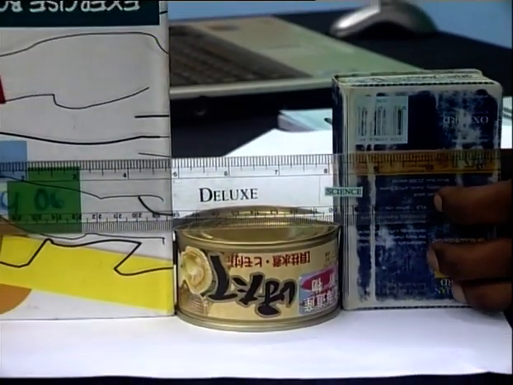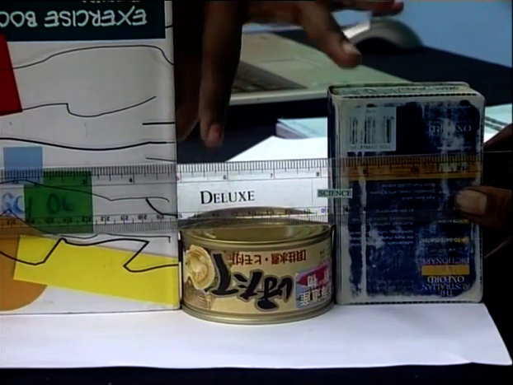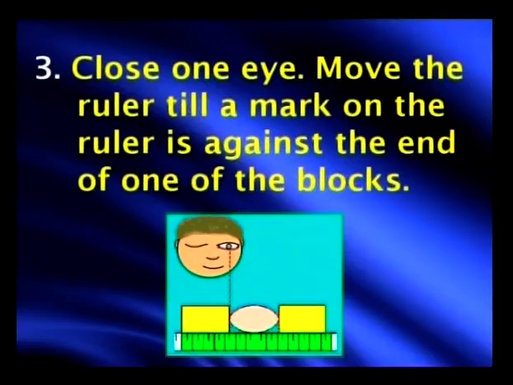Right, using a pencil, your instruction number 3, slightly move your eyes so your head is above the edge of the object.